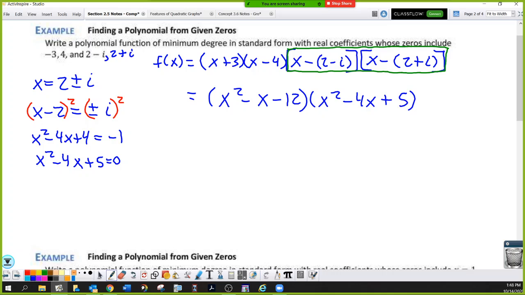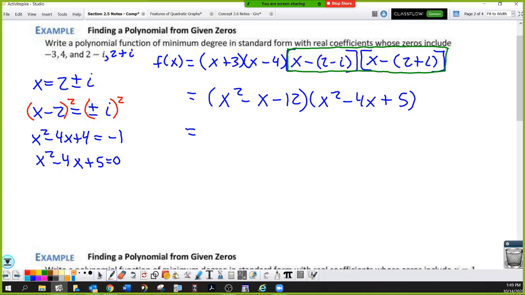And you would finish this up by foiling out all 9 things, looking for like terms, and combining them. Tedious? Yes. Difficult? No. Just be careful, watch for your like terms. Do you need to see me do that, or can I just list out the polynomial? No one's begging to see the foiling, so I'm just going to show you what it would be.